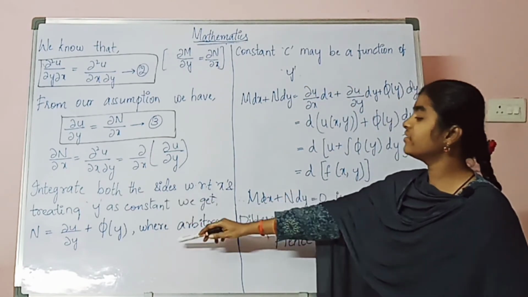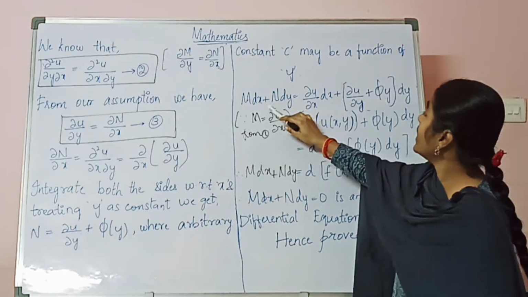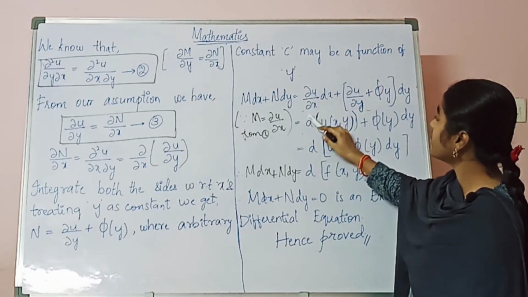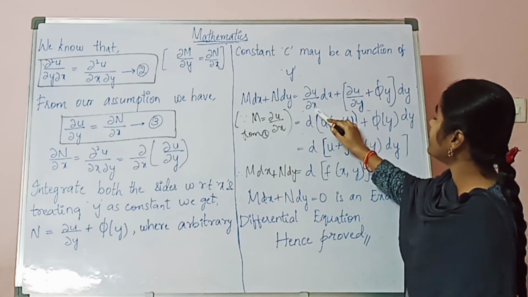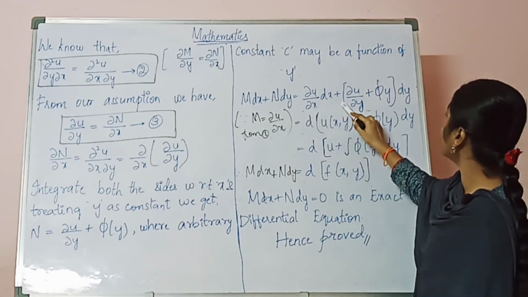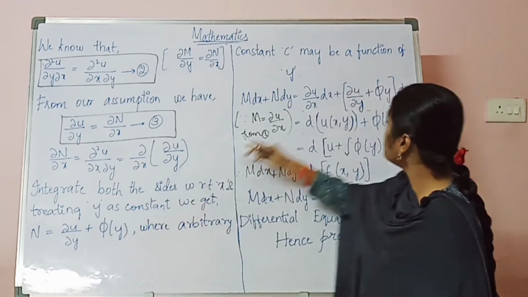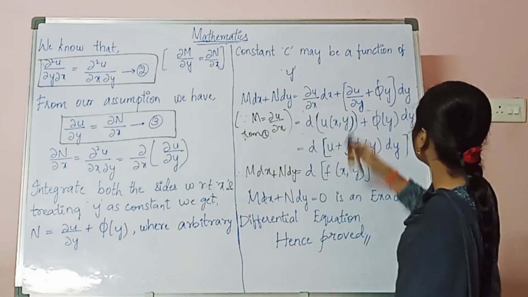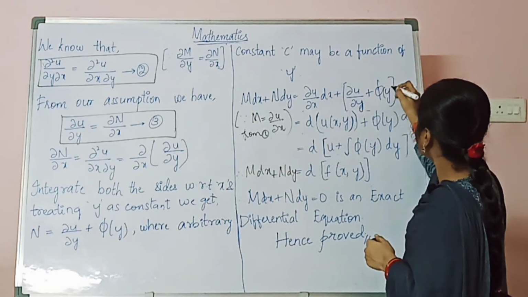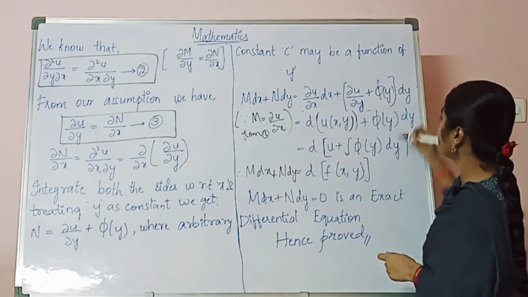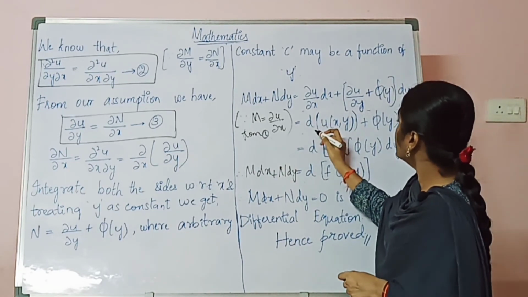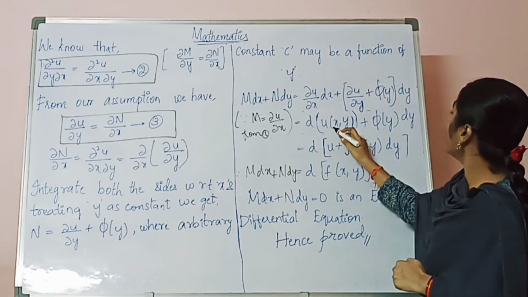So pi of y is an arbitrary constant. Now m dx plus n dy equals dou u by dou x dx plus, with n as dou u by dou y plus pi of y, dy, equals d of u of x comma y.